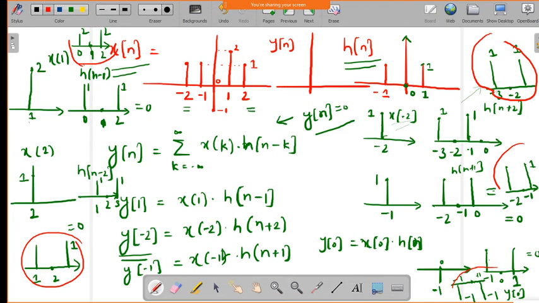So now see at minus 3, is there any minus 3? Here it is not there, here also it is not there, and here also it is not there. So at minus 3 you will be having only this impulse, that is 1. Okay.